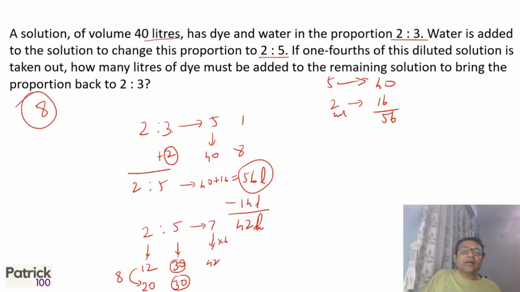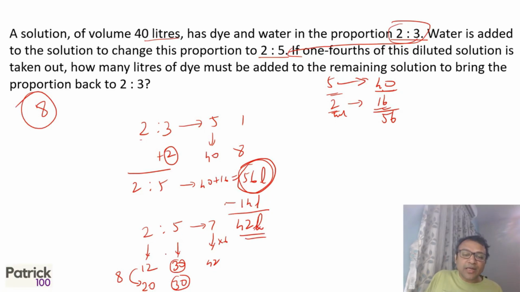I'll repeat this once again. The ratio initially was 2:3, total 5. Total 5 stands for 40. I added 2 parts water, so 2 stands for 16. So that means resultant 2:5 at 56 liters. From that I removed 1/4, which is 14 liters, left is 42 liters. Now 2 is to 5, 7 stands for 42 total.